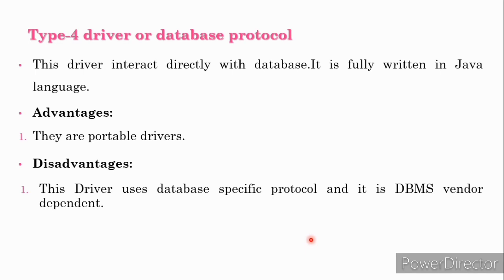The disadvantage is that this driver uses a database specific protocol and is DBMS vendor dependent. Suppose we are using Oracle, then we need to use Oracle database specific protocols, meaning we have to write the code in that language to communicate with that DBMS.